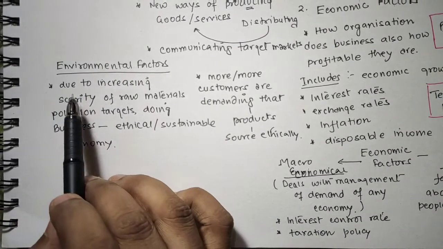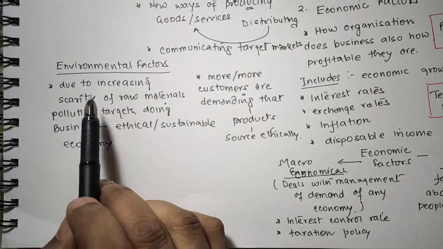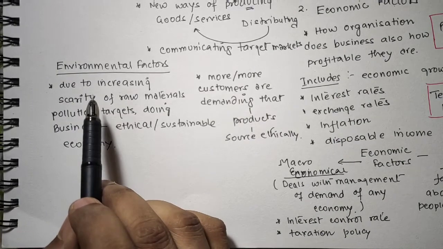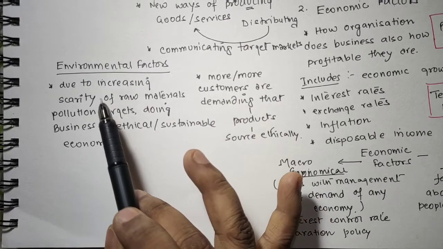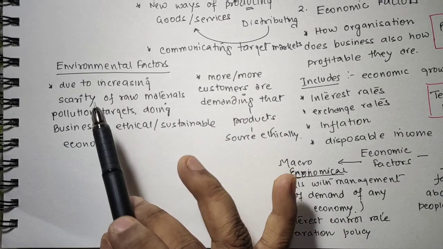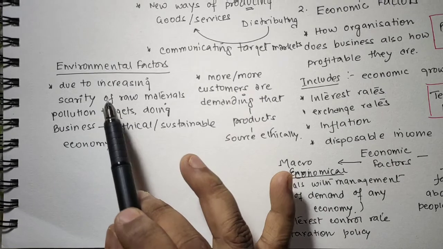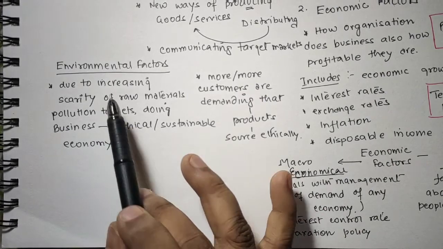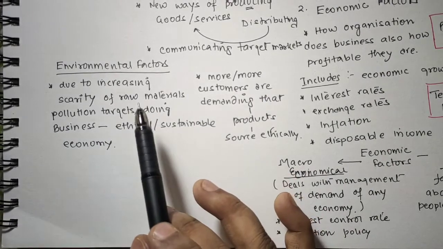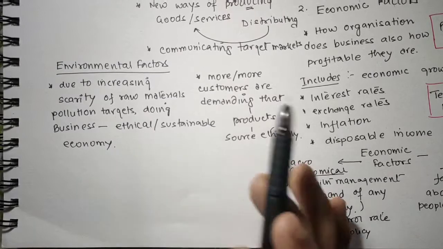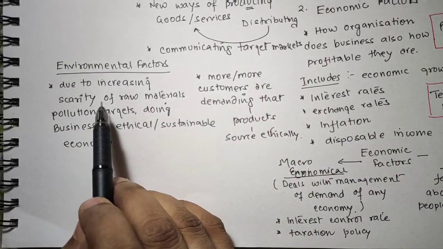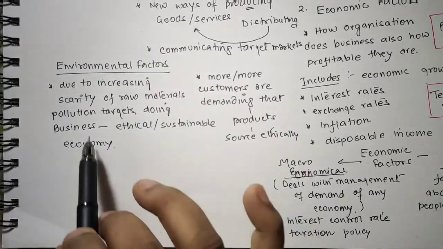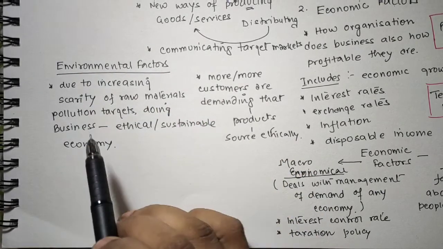These factors have really come to the front in the last 15 years. They have become important because of scarcity of raw materials, pollution targets, doing business as an ethical and sustainable company, and carbon footprint targets set by the government. These are good examples to consider along with political and environmental factors at the same time.